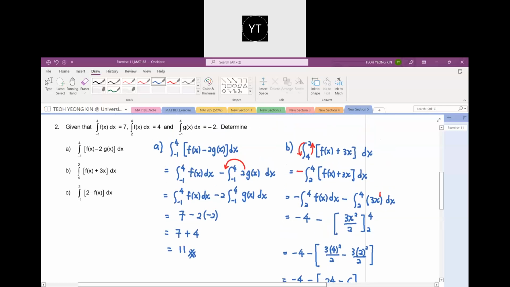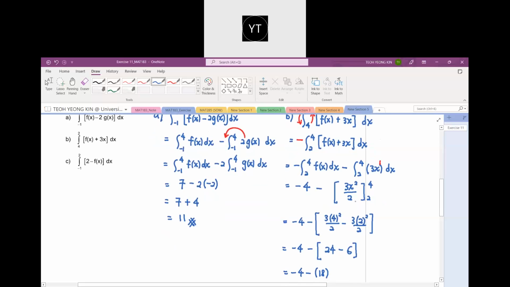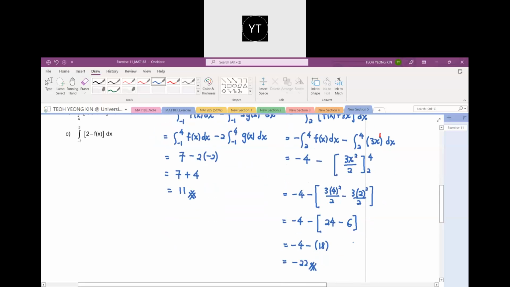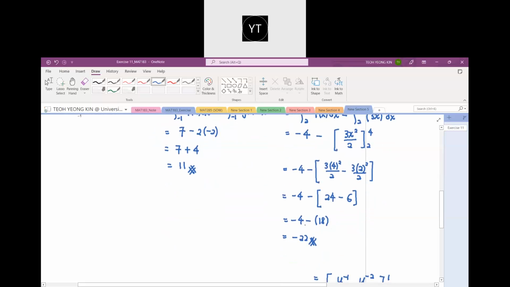The integration of f(x) from 2 to 4 is 4, so that's why I put 4 here. Minus, when I substitute this value, 16 times 3 divided by 2 is 24. Yes, correct. So this is 24 minus 6, which is 18. Negative 4 minus 18 is negative 22. So here is the answer.